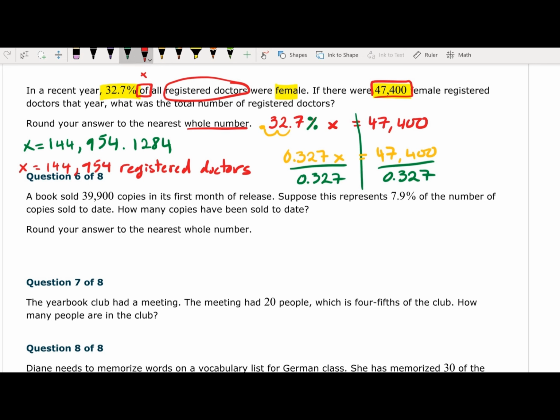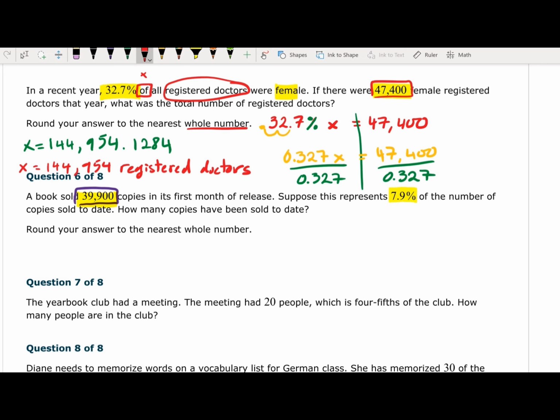So they sold 39,900 copies in the first month. Suppose that represents 7.9% of the number of copies sold to date. How many copies have been sold to date?